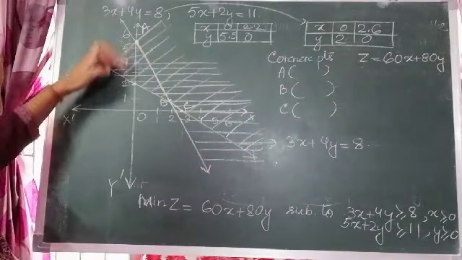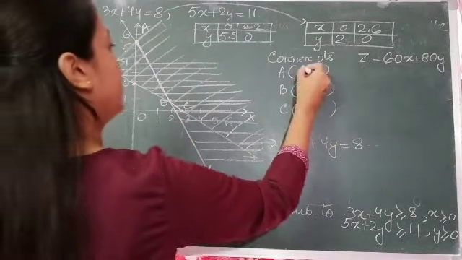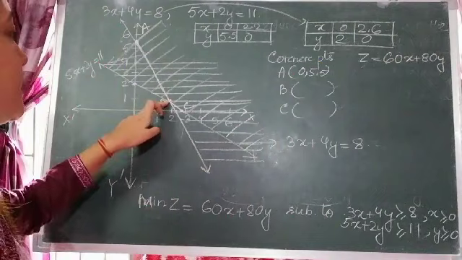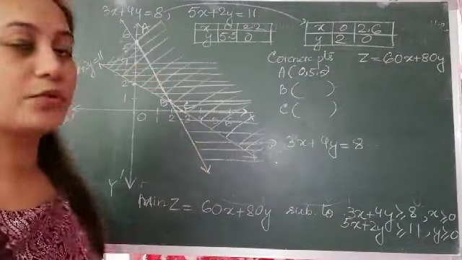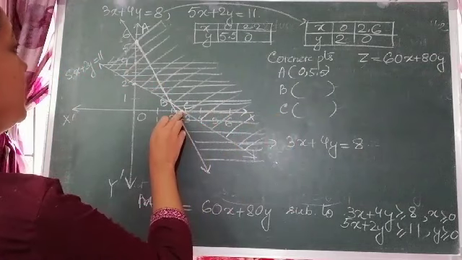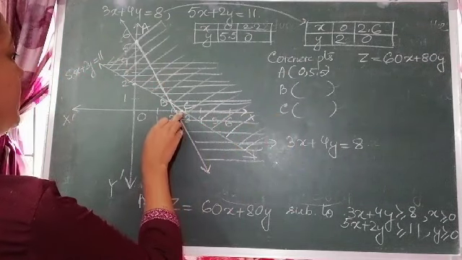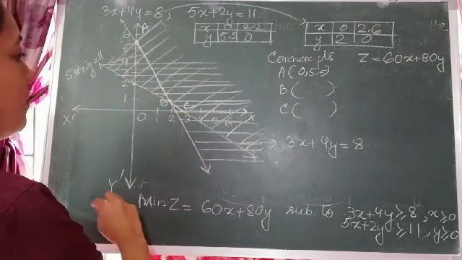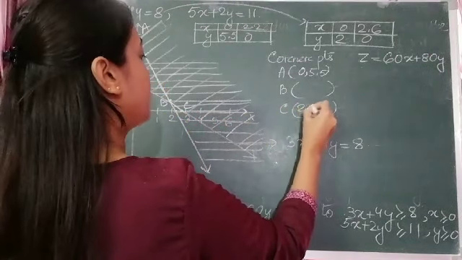So coordinate of A is 0, 5.5. Coordinate of B is the intersection point of both the lines, so you have to solve and find it out. And next C, coordinate of C is 2.6, 0.